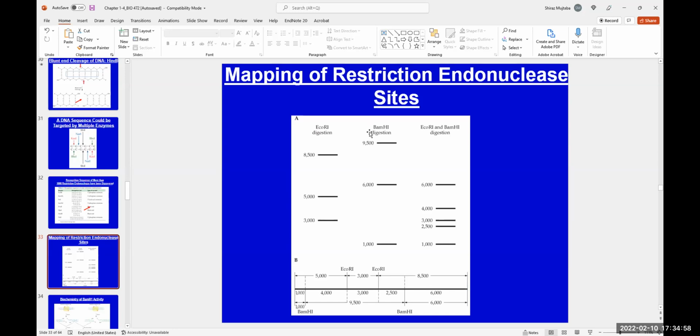Now we have sequencing and nanotechnology and so forth. But 20, 30 years back, restriction enzyme was a tool to identify many things. Why? Because they are enzymes that act at a specific target. EcoR1 would act at a sequence of GAA-TTC, BamH1 at GGA-TCC, and they will have their own unique pattern.